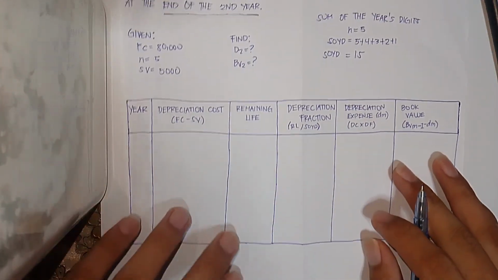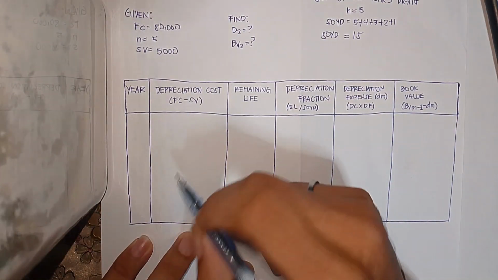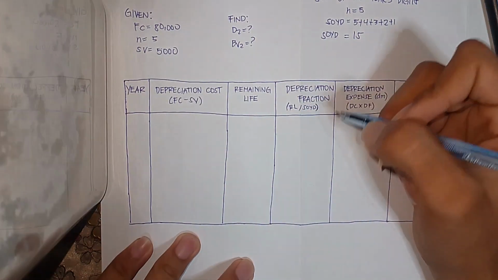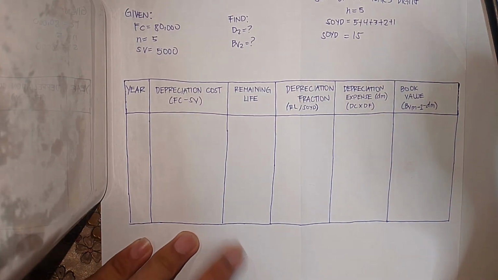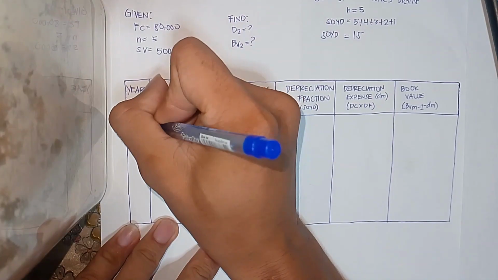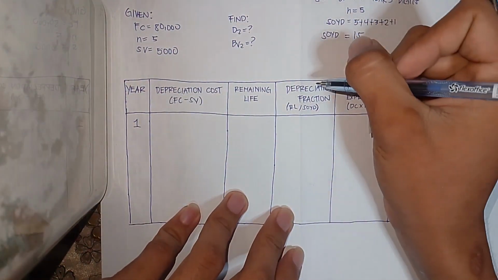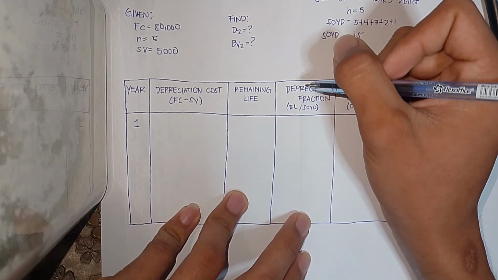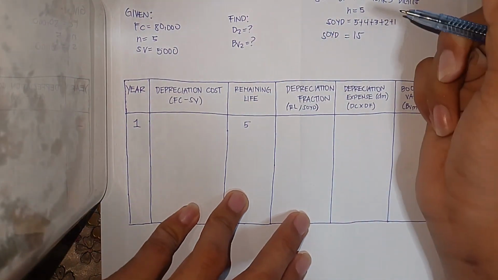Next we need to do is make a table which contains year, depreciation cost, remaining life, depreciation fraction, depreciation expense, and book value. We start with the year 1. In our remaining life, since our N, the estimated life, is 5 years, we need to start at 5 years.